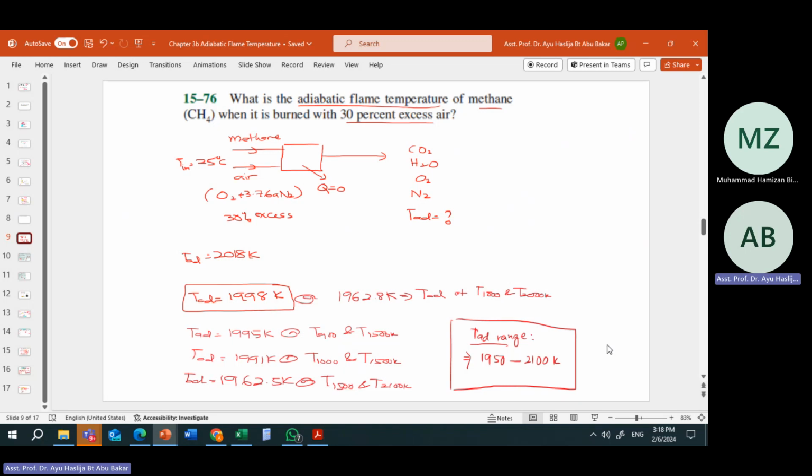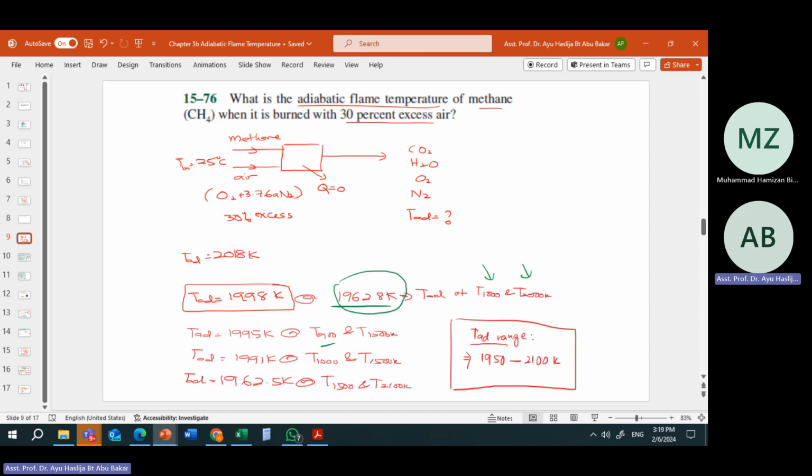When you proceed, your T adiabatic, you will get around this range. If T assumed is 1,000, 2,000, you will get around this figure. The T adiabatic value depends on the two assumed temperatures.